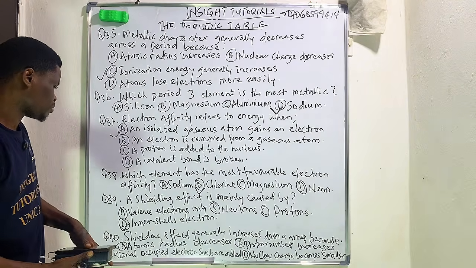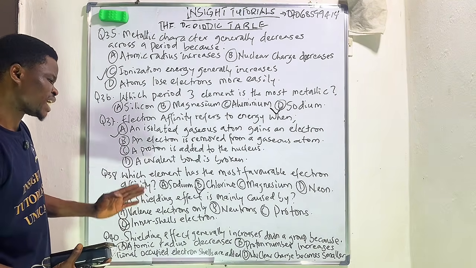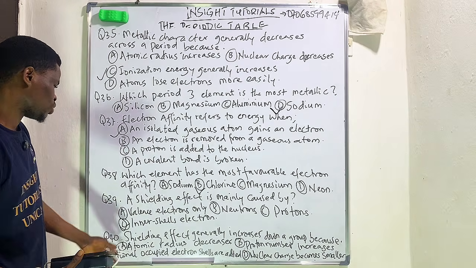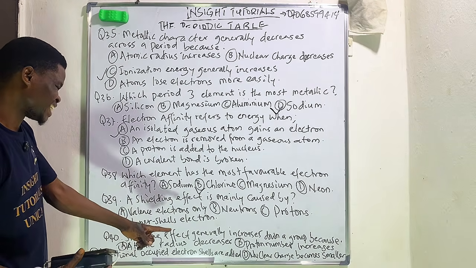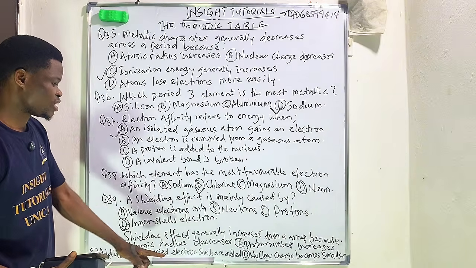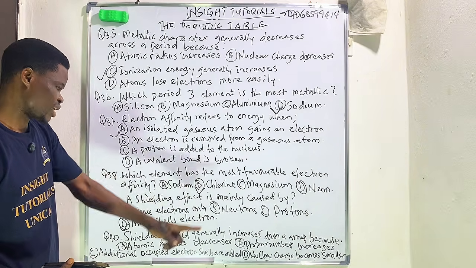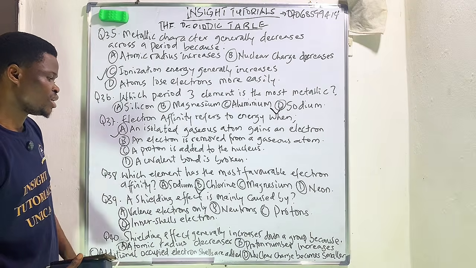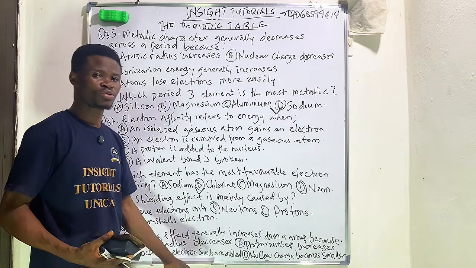Question 40 says, shielding effect generally increases down a group because A, atomic radius decreases. B says proton number increases. C says additional occupied electron shells are added. D says nuclear charge becomes smaller.